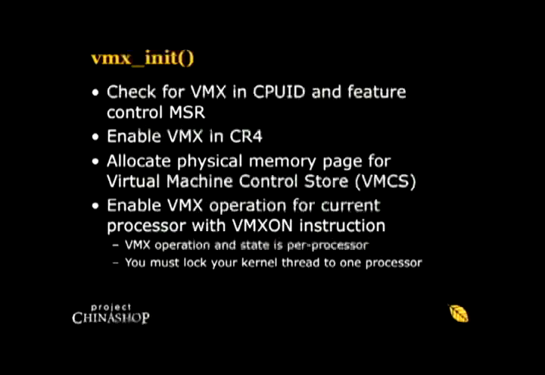So when I'm going through this, initializing it, I have to enable it, allocate some physical memory for the VMCS page, and enable VMX operation for the current processor. That brings up a good point: VMX operation and state is per processor. A fun thing during development was that I'm on a Core Duo, and my kernel thread kept migrating between processors in the middle, and that was awesome.